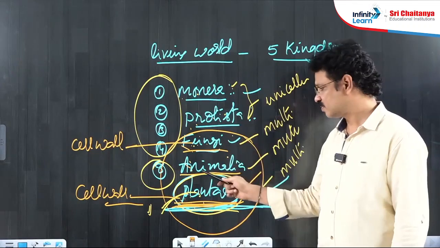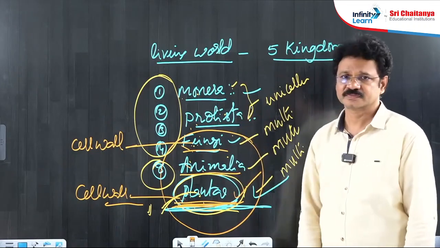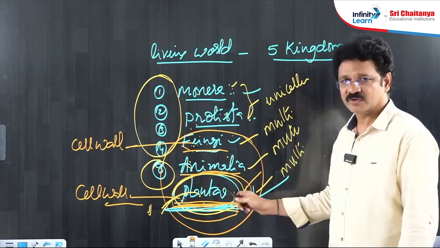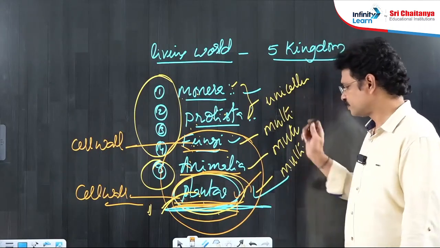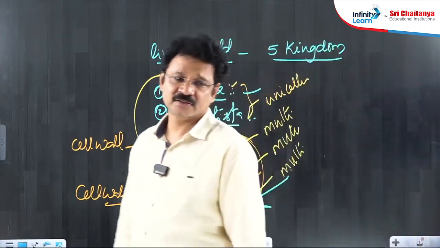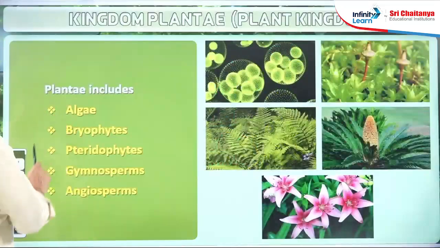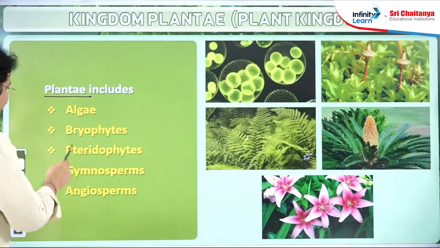Fungi are heterotrophs, Animalia are heterotrophs. But all the members of the Plantae are autotrophs, nothing but photosynthetic, multicellular and eukaryotic organisms. This Plantae is further divided into how many groups?